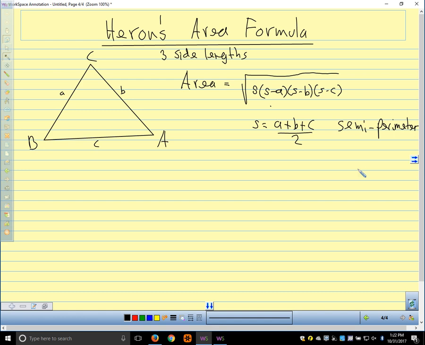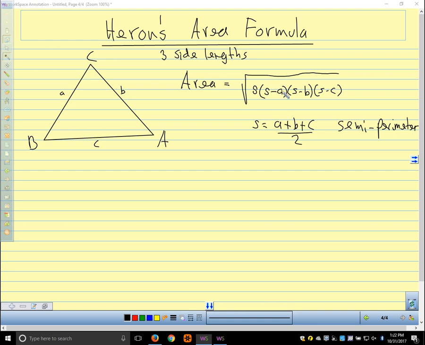Semi-perimeter because it's half the perimeter. So this is the area formula that this Greek mathematician came up with that's based on the law of cosines. How is it based on the law of cosines? Because you can use the law of cosines to come up with the piece of information that you need to find the area of the triangle.